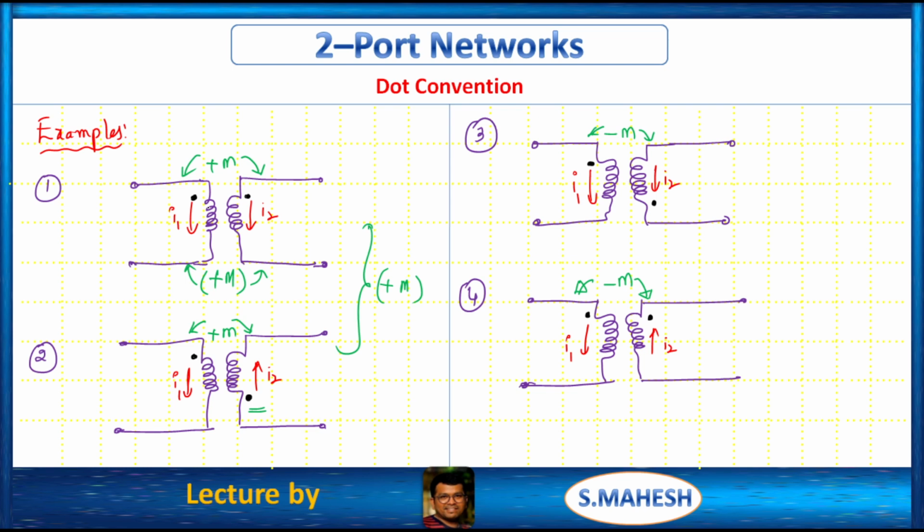That's why if you consider this and this, you will have positive value of M, because the current is entering from the starting of the winding, since we are providing the dot convention at the start itself. That's why in both coils the current enters from the dot. But coming to the third and fourth examples, in coil 1 the current always enters from the dot, but in coil 2 it is leaving. Obviously it is a negative value.